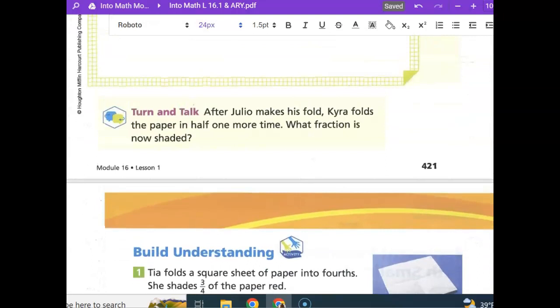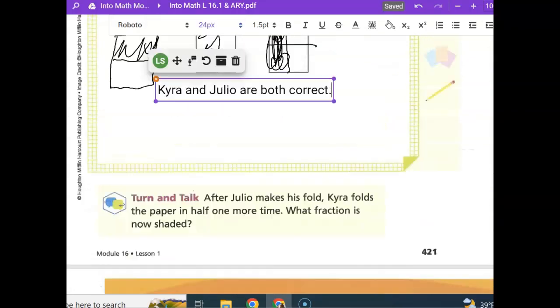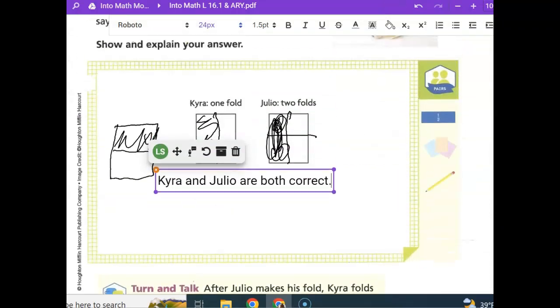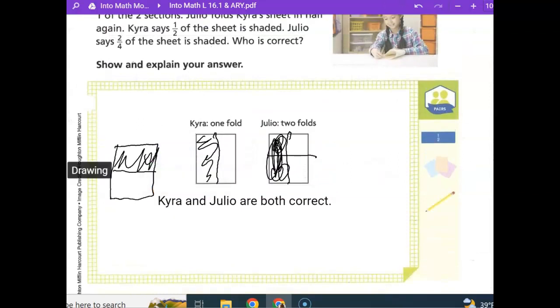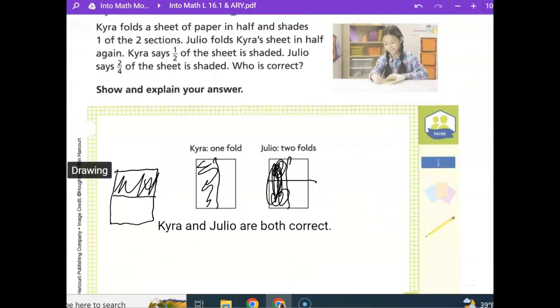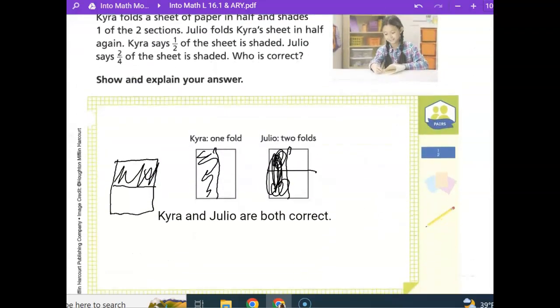It says after Julio makes his fold, Kyrie folds the paper in half one more time. What fraction is now shaded? So if we had our paper and we had folded it in half, and we cut it in eighths, and we folded it in fourths, and we cut it in half again.